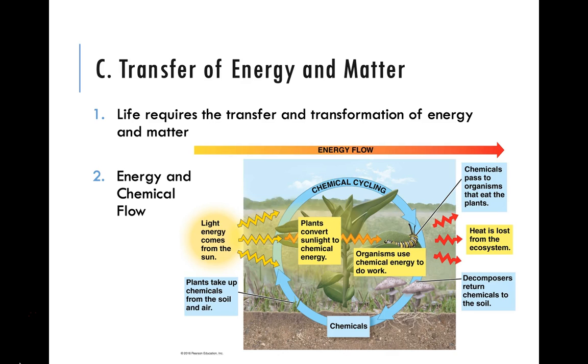And then they're either using those chemicals, or again, they're being consumed by some sort of consumer. In this case, we have that caterpillar that is taking in those chemicals as it eats the leaf, incorporating it into its body. Matter and chemicals flow through the ecosystem as a cycle.